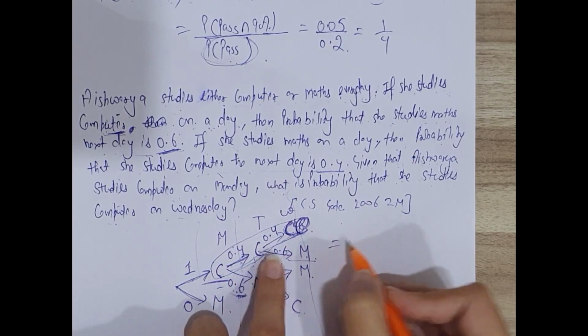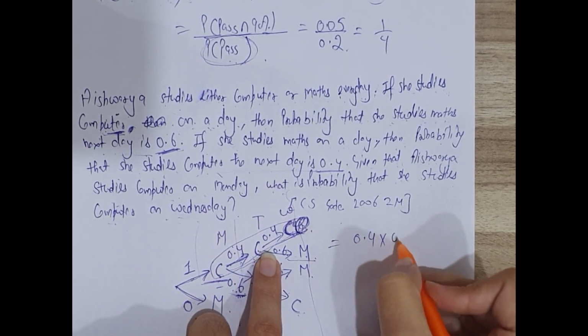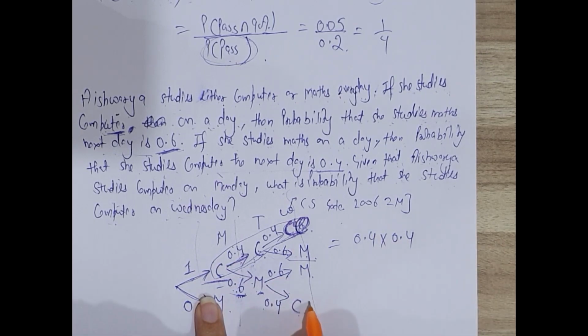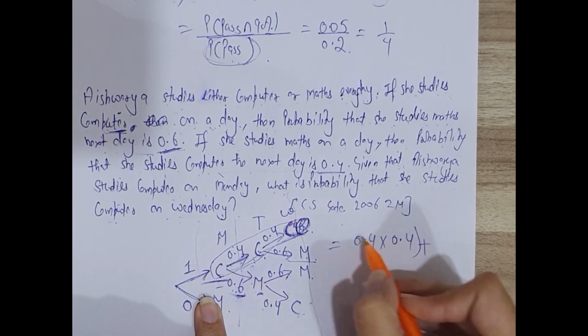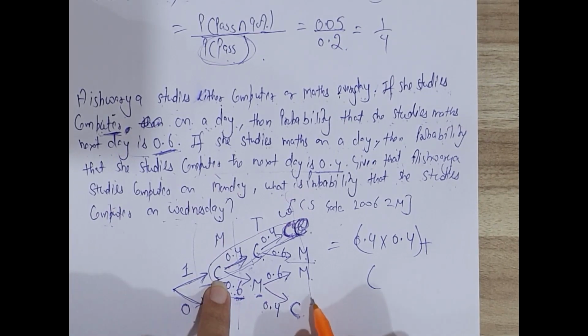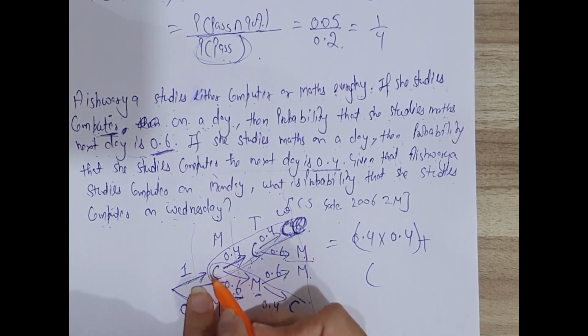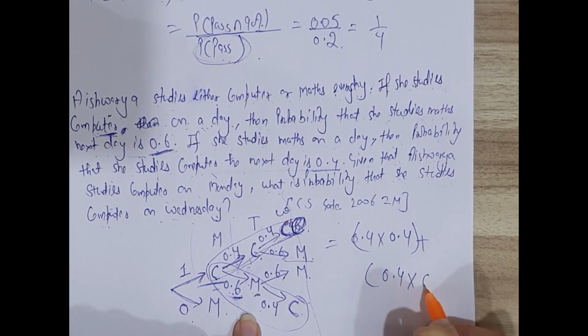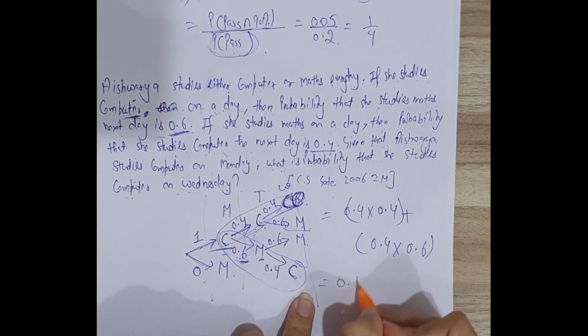This probability is 0.4 into 0.4. This is the first case. The second case is plus she can study computer on Wednesday when she studied maths on Tuesday and computer is confirmed on Monday. That is 0.4 into 0.6. Now find it.